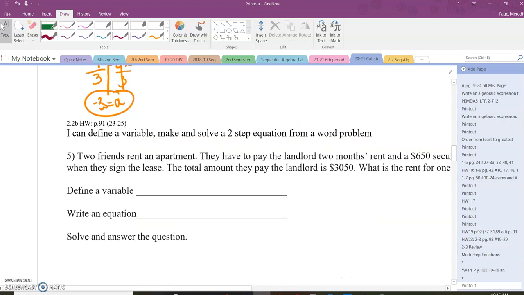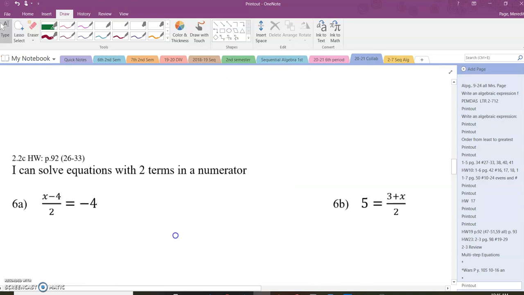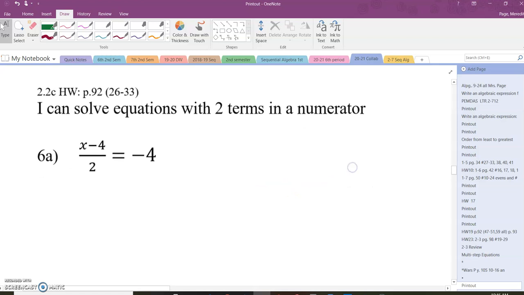I'm going to skip the word problem and I'll come back to those. And let's go ahead and take a look at 6A and 6B. I'm going to go ahead and do 6A, and then you guys can do 6B on your own. What you'll notice, this says x minus 4 divided by 2 equals negative 4. We need to get rid of this denominator, that divide by 2. In order to get rid of a divide by 2, you're going to multiply both sides by 2.